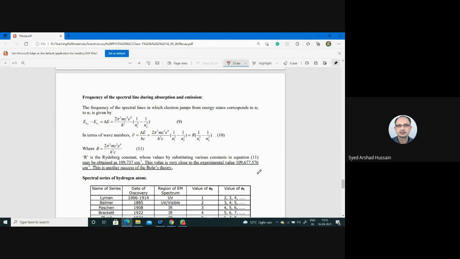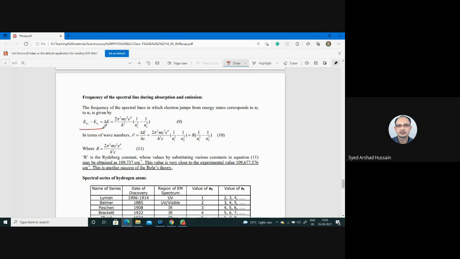Again, from the higher level, if it comes back to the lower level, it will radiate some energy. This radiation corresponds to some wavelength or frequency. So Bohr's theory also successfully gives an idea of this radiation, that means the frequency or wavelength corresponding to it. So how can one do it?